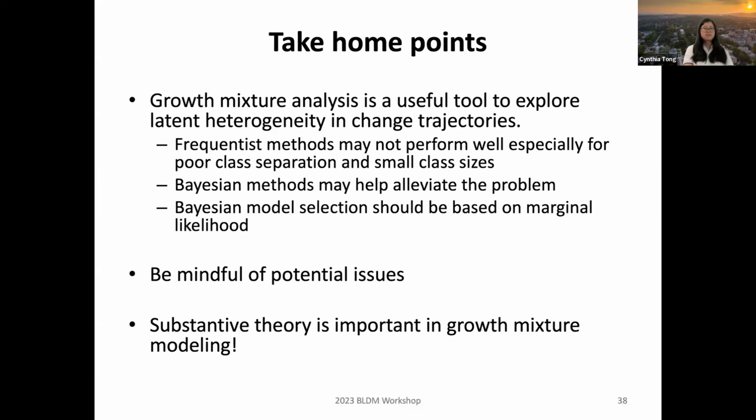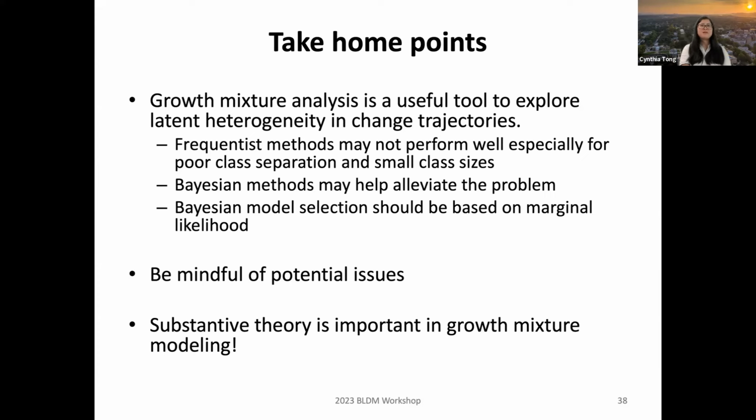Okay, some take-home messages here. Growth mixture analysis is a useful tool to explore latent heterogeneity in change trajectories. Based on the literature, frequentist methods may not perform well, especially with poor class separation, small sample sizes, and small class sizes. Bayesian methods may help alleviate the problem, and provide a powerful alternative to the frequentist method by using informative priors.